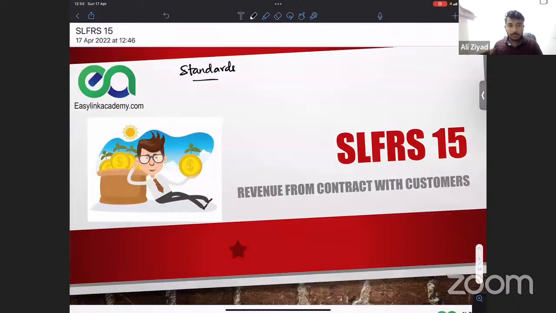So far, what are the standards in our scope? Local A levels 2022. You guys will be tested on these standards. We have LKAS, Lankan Accounting Standards, as well as SLFRS. LKAS 1, who can tell me what it is?